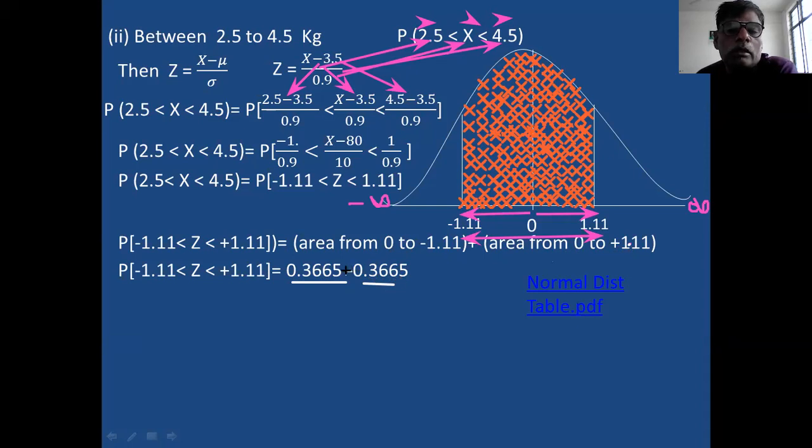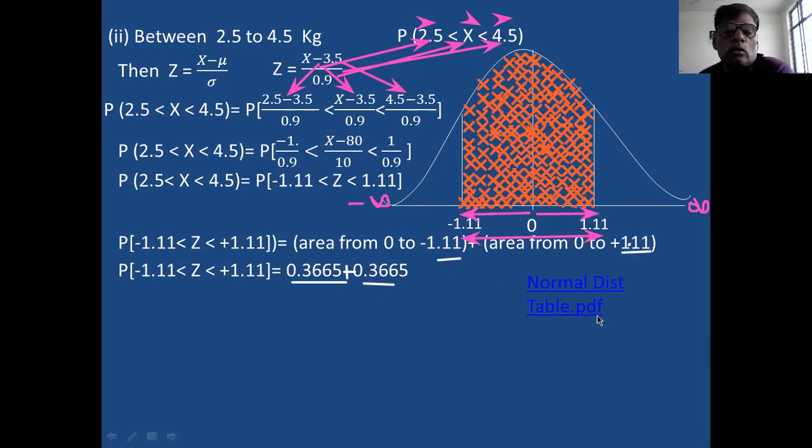And the other is also 1.11. The first value is 0.3665 plus 0.3665. This is the value of the first, this is the value of the second.